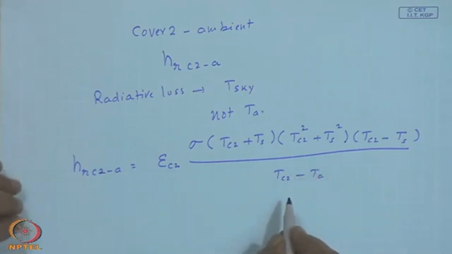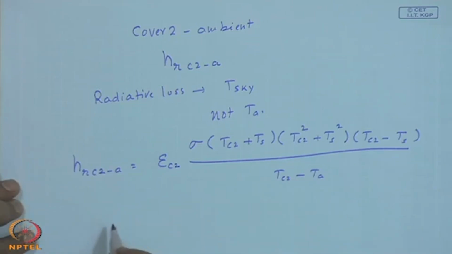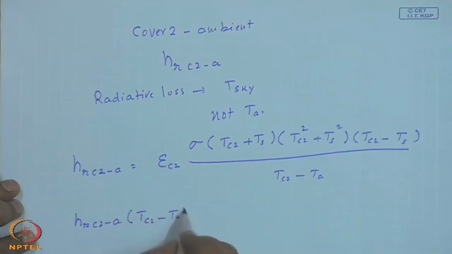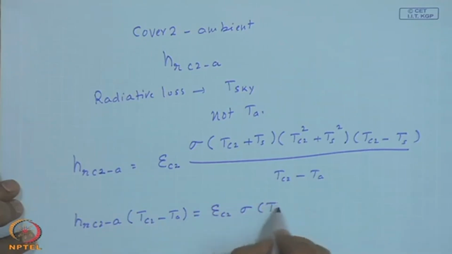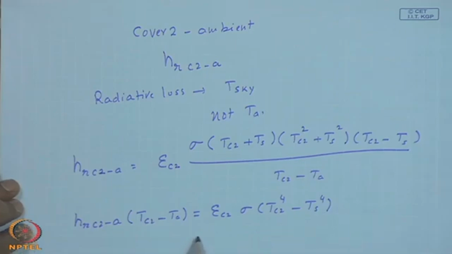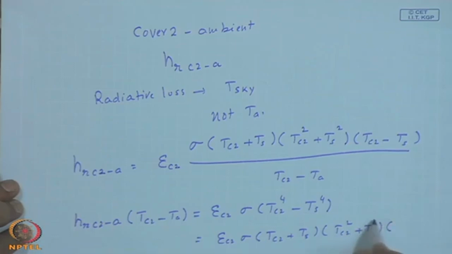Now, do not worry about this long expression. You can easily work this out. What we tried to do was express the radiative loss, with a heat transfer coefficient of H R C 2 A from T C 2 to T A, as equivalent to epsilon C 2 sigma into T C 2 to the power 4 minus T s, or T sky, to the power 4, which is nothing but epsilon C 2 sigma times (T C 2 plus T s) times (T C 2 square plus T s square) times (T C 2 minus T s).